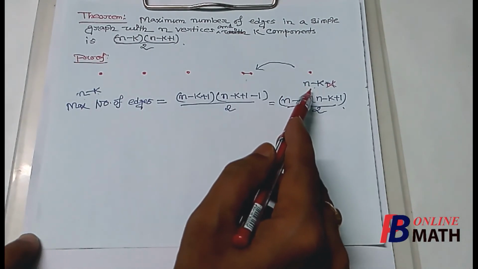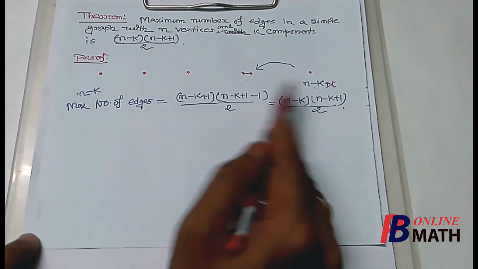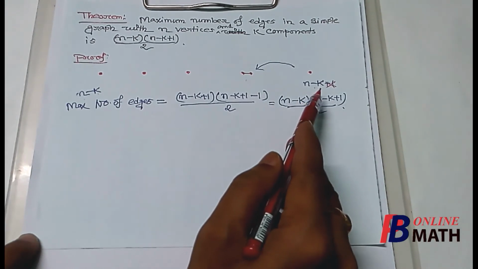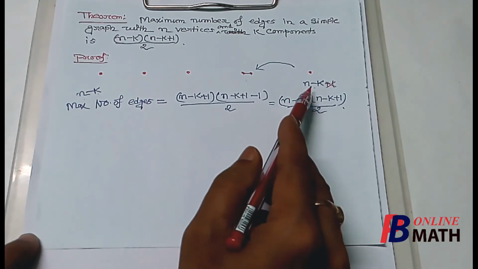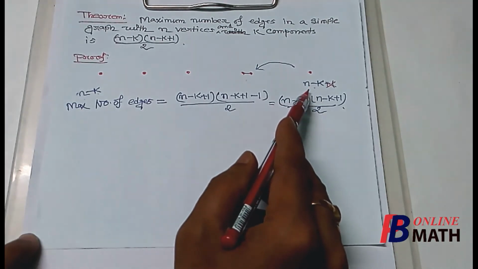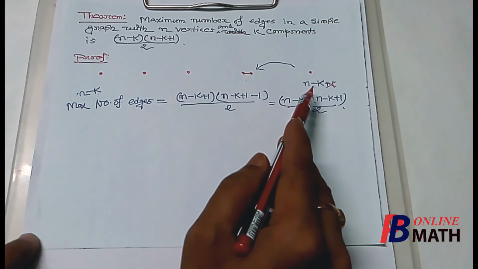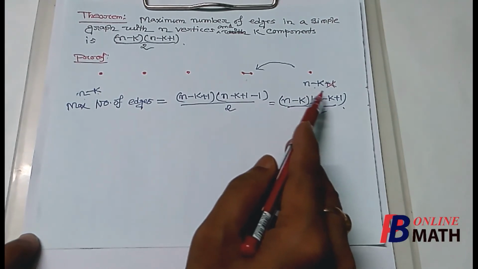If we remove one vertex from this component, then the number of edges will decrease by n minus k, because we know that in a connected graph the number of edges is maximum if the graph is complete.